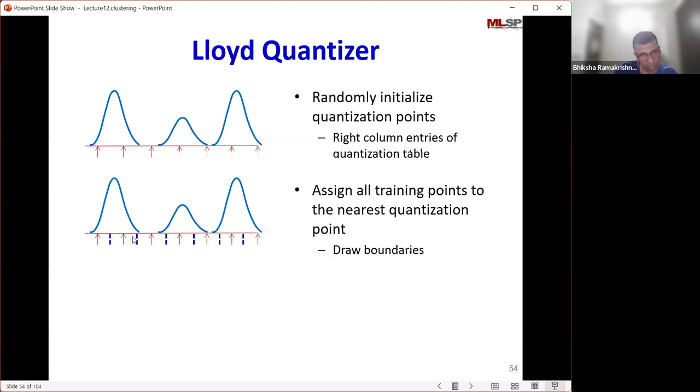Anything to the right of the boundary is going to be assigned to this bin. Anything to the left is going to be assigned to this bin. So you take all of your training data and assign them to the individual bins based on which of these representative vectors, which we'll call the centroids, they are closest to.